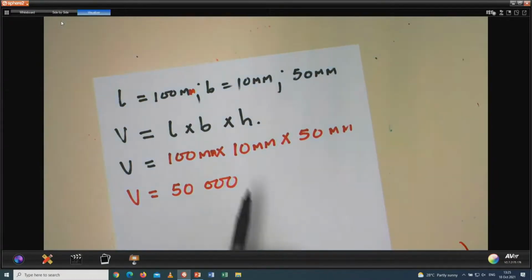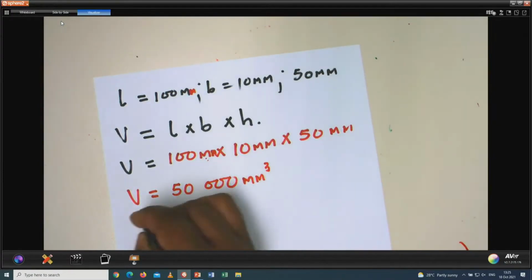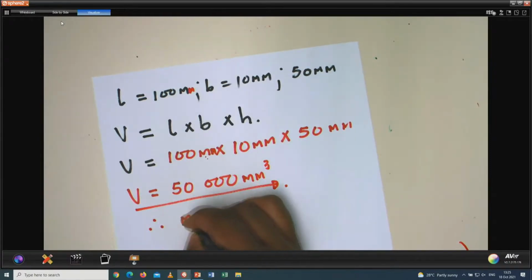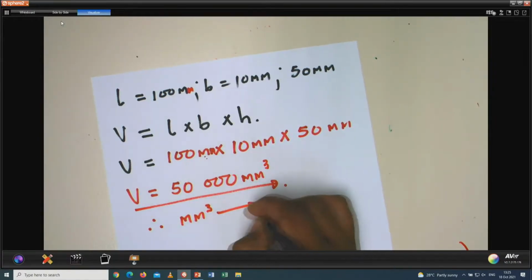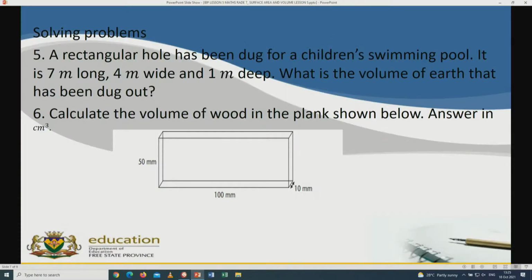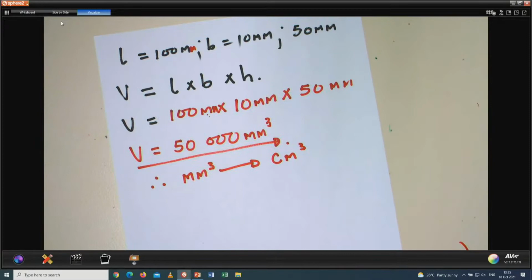Now, the millimeters, it will be what? Cubic millimeters. But the question says, now, this cubic millimeters must be converted to what? To cubic centimeters. The question says the answer should be in cubic centimeters. And therefore now, how do we convert the cubic millimeters to the cubic centimeters?